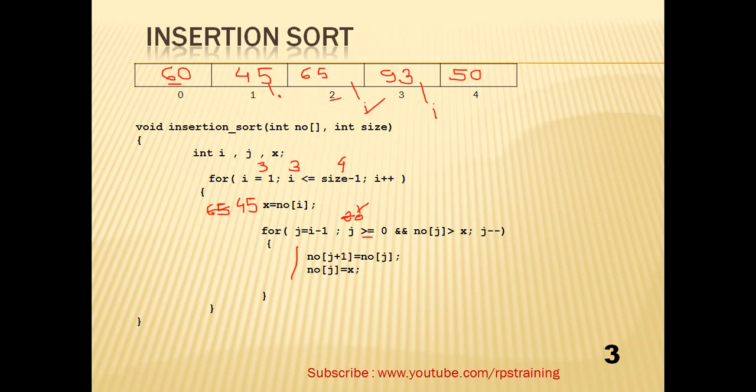So using these two statements, two items will be interchanged, 60 and 45. 45 will come here and 60 will go to the next position. It is 60. j minus minus will be minus 1. Minus 1 greater than or equal to 0, condition false, and we have sorted up to this position.